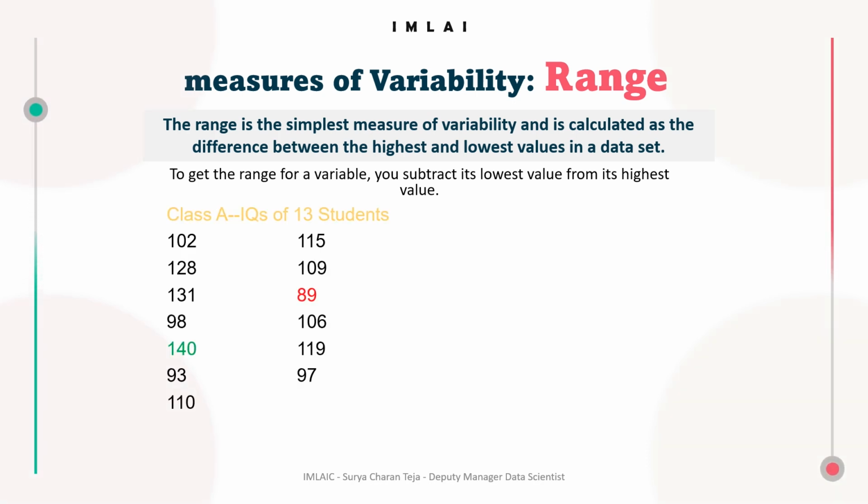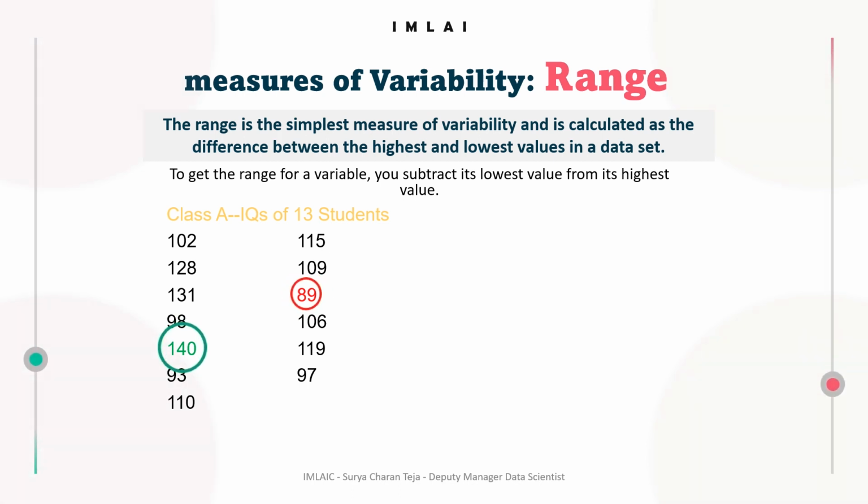So let's take this example. These are the IQs of class A students, 13 students. Out of that, 89 is the lowest and 140 is the highest. The student with the lowest IQ was 89, and the student with the highest IQ was 140.